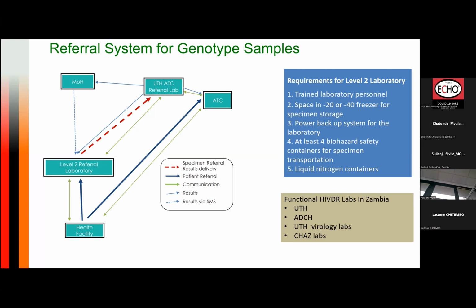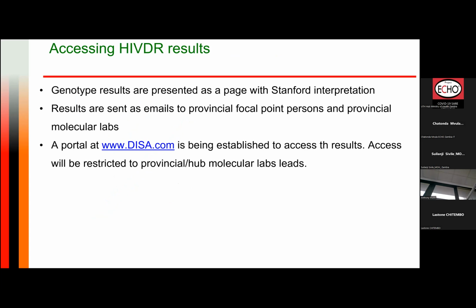The driver starts off in the morning, they reach Lusaka in the evening, they sleep with the sample, it's just in ice. By the time you try to amplify it, it's not viable anymore. So we do have liquid nitrogen, which we send for this purpose at MSL, for the far provinces, to help transport these samples. So that is one of the crucial gaps that we've noted as a problem.